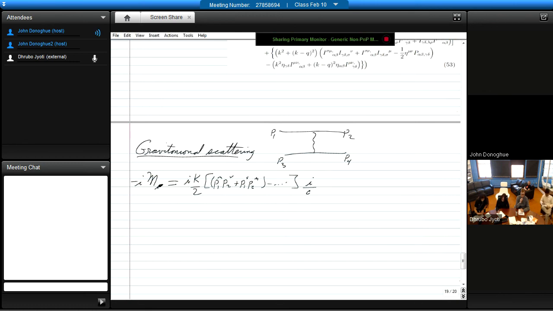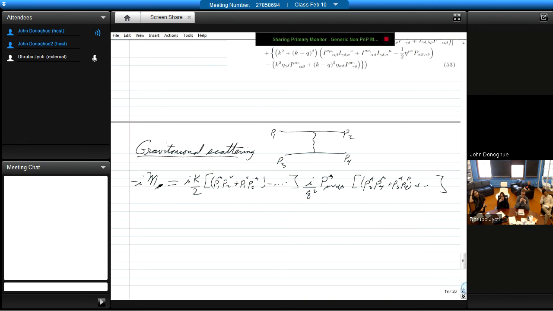Then I get i over q squared, this projection mu nu alpha beta. On the other side, I get p3, p4, alpha beta plus dot dot dot.